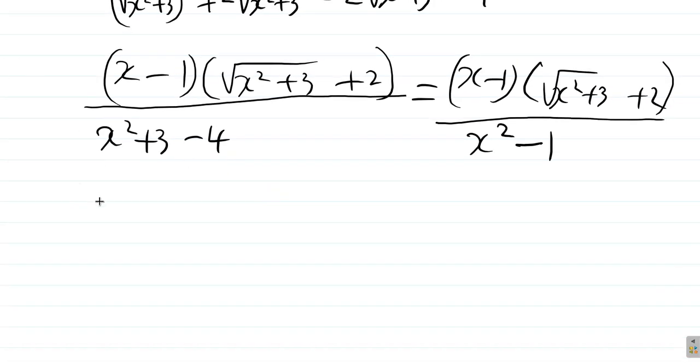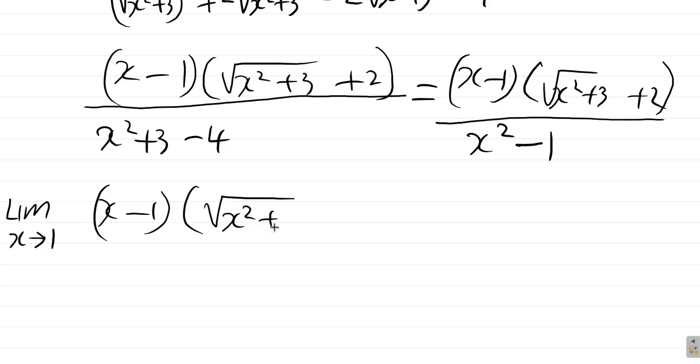Let's rewrite the top. x minus 1. And by the way, remember, I had left it out here, but it's the limit as x tends to 1 we're looking at. Just to remind us, make sure to put it here. So, this is the square root of x squared plus 3 plus 2 over.